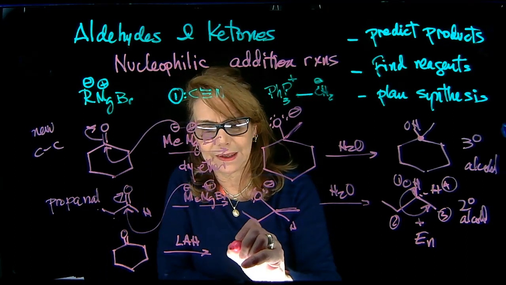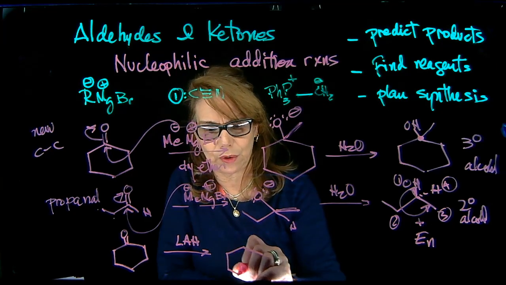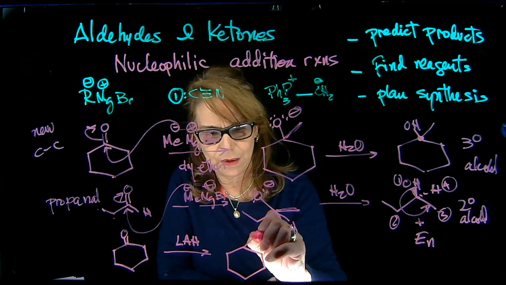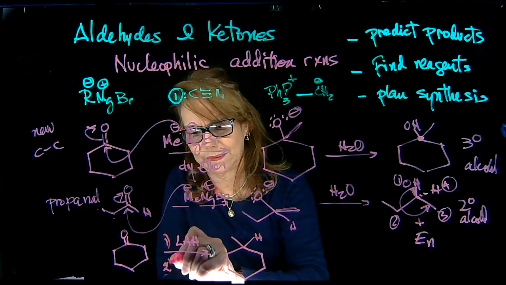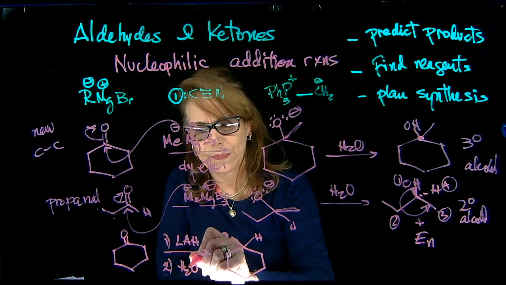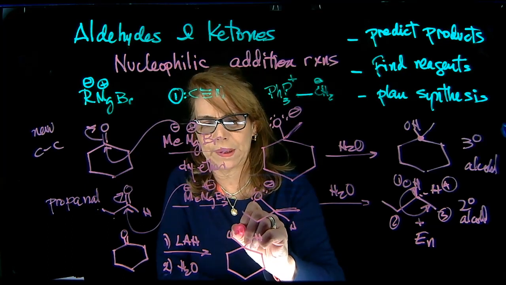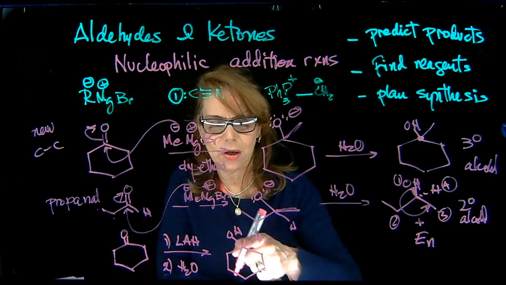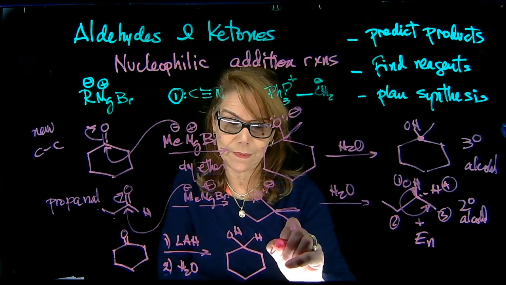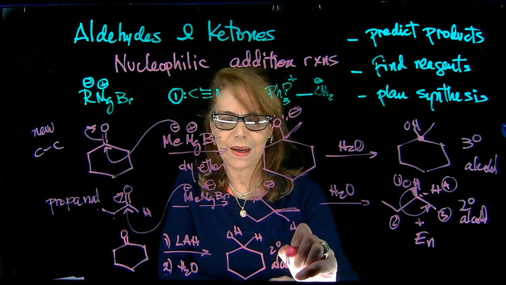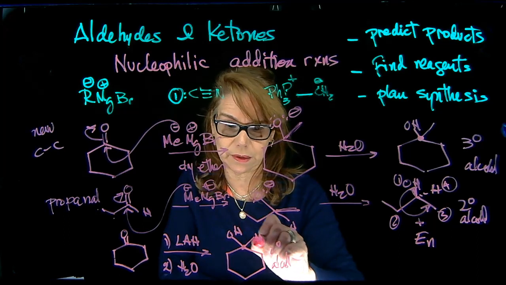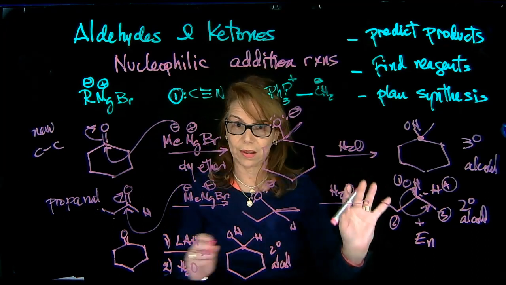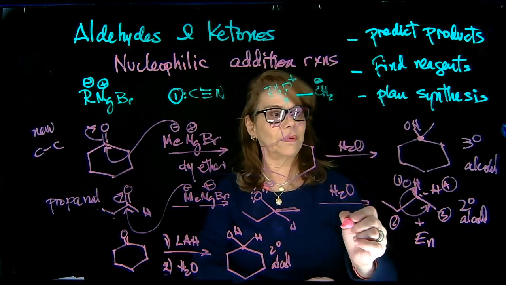So in that case, I'm going to form the following. And this time I'm going to specifically draw the H. So step 1, and in step 2, you add the water and you're going to form an alcohol. So from a ketone, you have a secondary alcohol. And again, that's not chiral, even though it is trigonal planar, that side is identical to that. So in that sense, it looks the same.